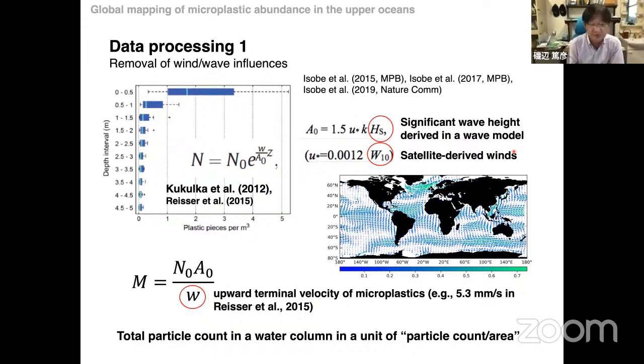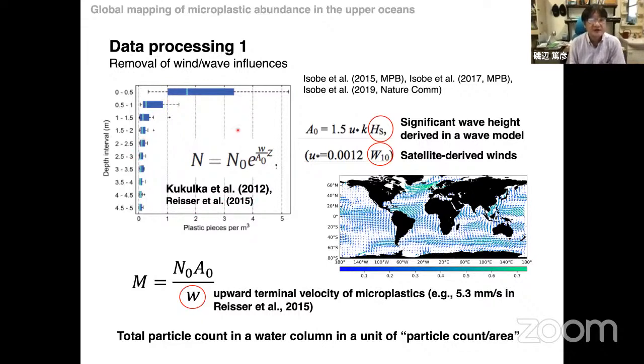from polyethylene or polypropylene rather than PET. So this means that the vertical distribution is very sensitive to the oceanic condition. The figure on the left-hand side shows the vertical distribution of the microplastic abundance provided by Kukulka 2012.